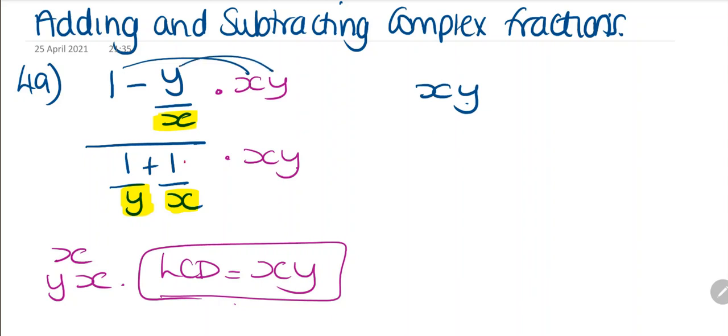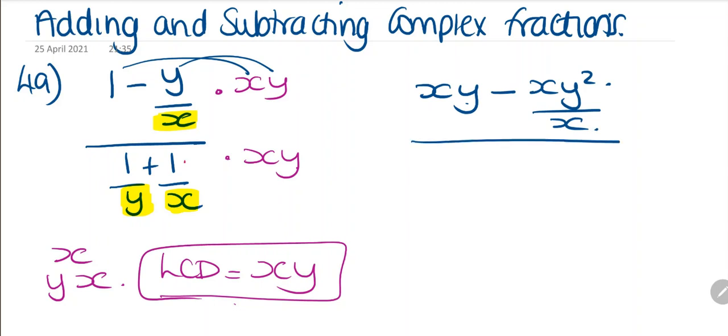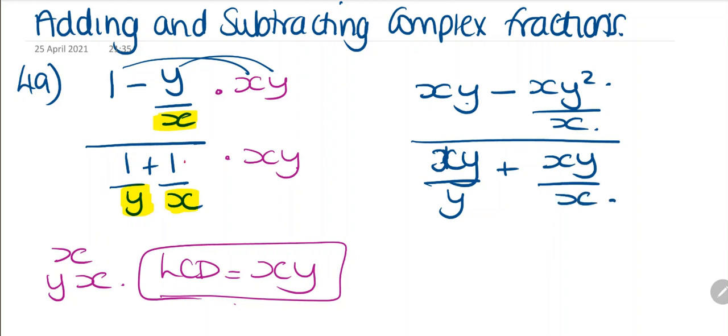So we'll have 1xy minus, so minus y, so we're going to have xy squared, and then this is divided by x, and then on the bottom we have 1 times xy, so this is going to be xy, and then 1 times xy, so this is over y plus xy over x.